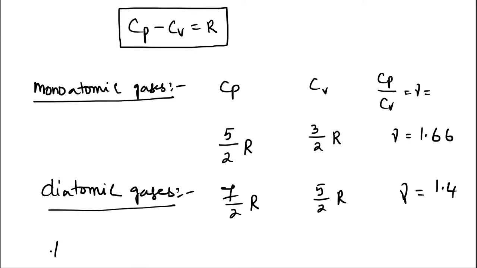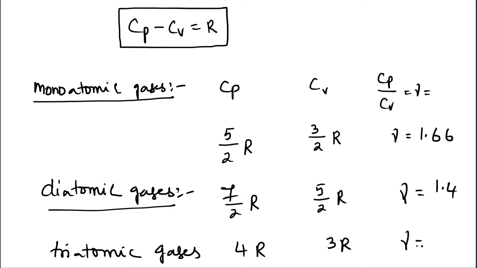And for triatomic gases, Cp is 4R and Cv is 3R, and gamma is simply 1.33. And this gamma value indicates the atomicity of the gas.